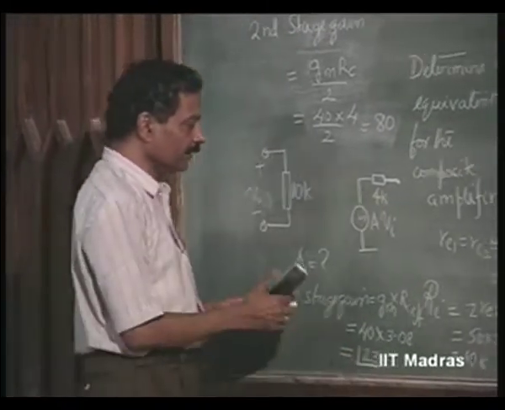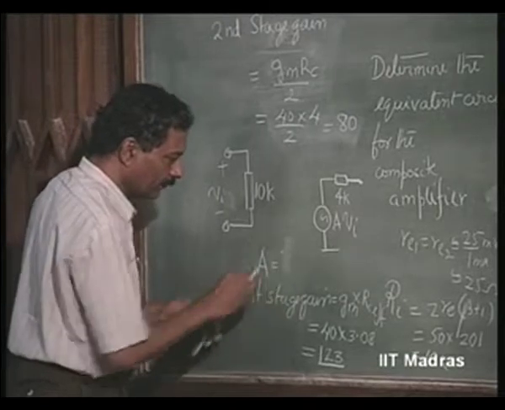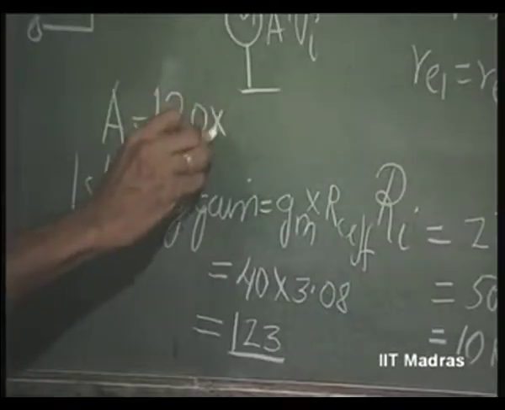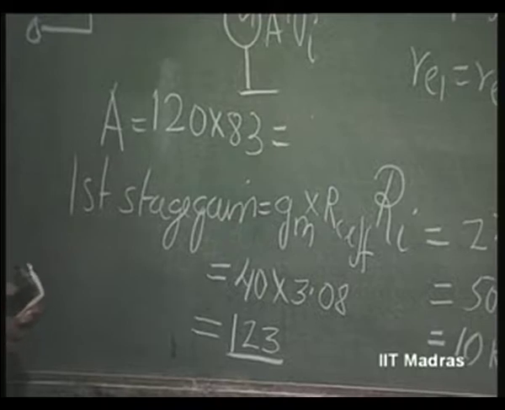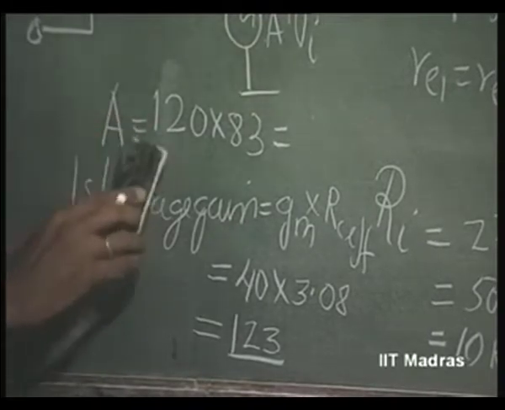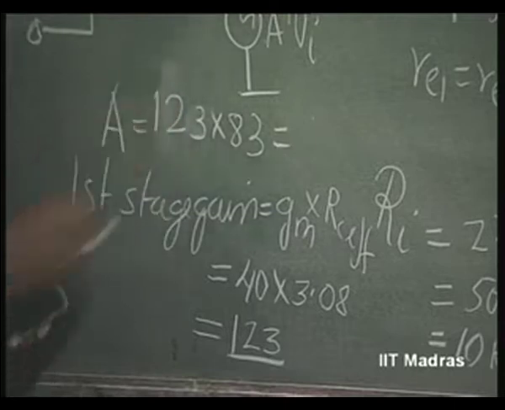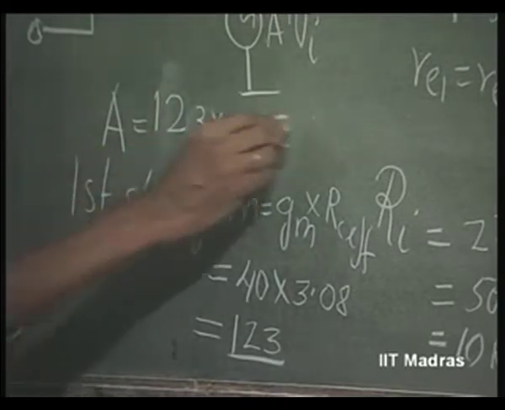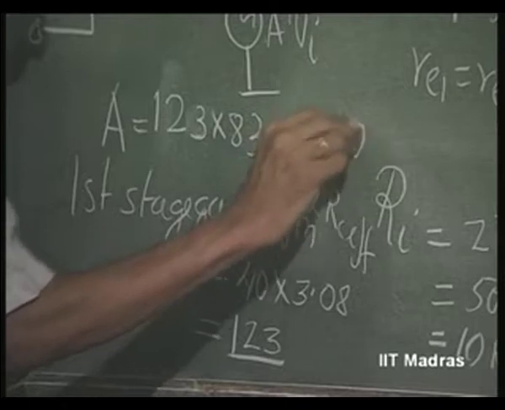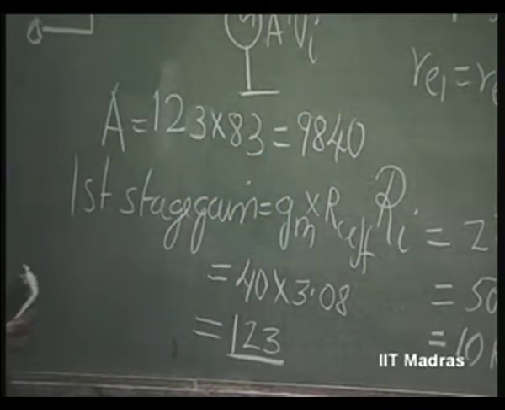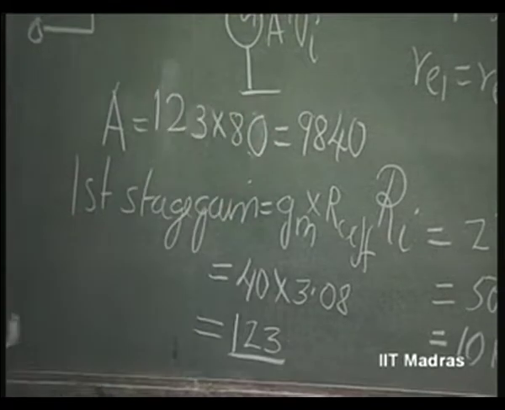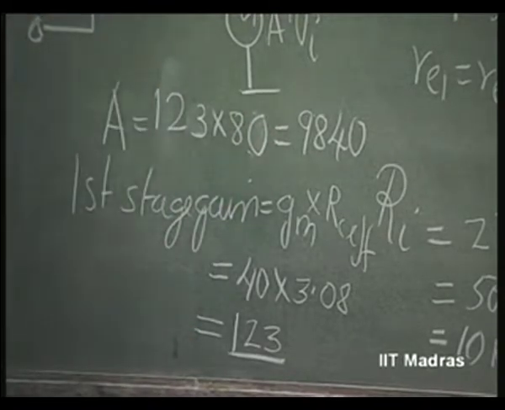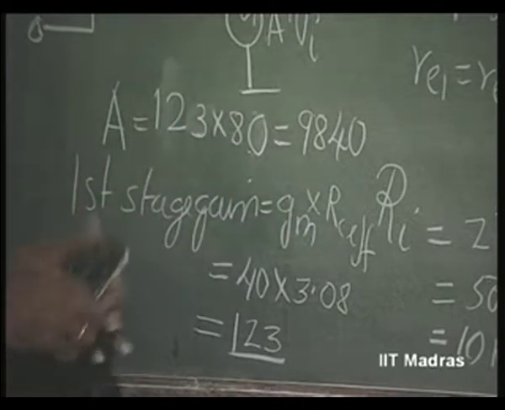So, A is really speaking equal to 123 into 80, which is 9840. Pardon? 123 into 80. Yeah. So, how much is that? 9840. So, 123 into 80, 9840, right.